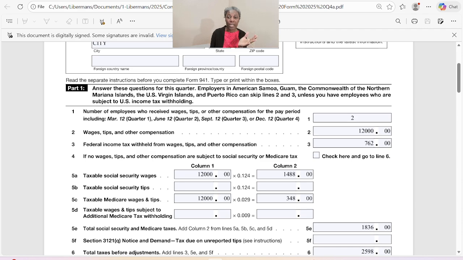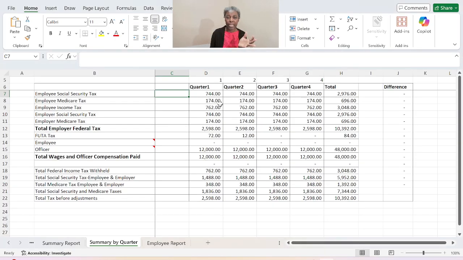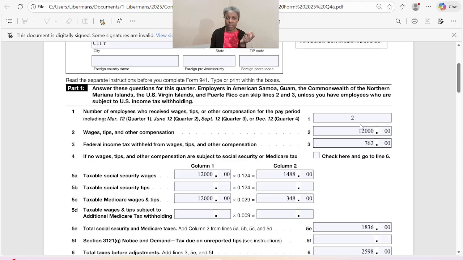Wages that you pay them: this number came from this spreadsheet. We have been using numbers for the entire year, and for Q4 it is $12,000 for the total wages paid. So that $12,000 is here.